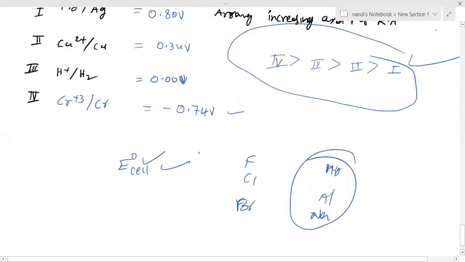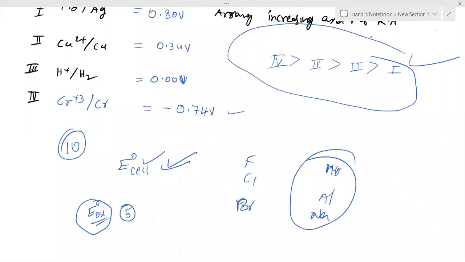Use one formula one time, another formula next time. Then calculate E0 oxidation values of at least 5 elements. So a total of 15 is your target.